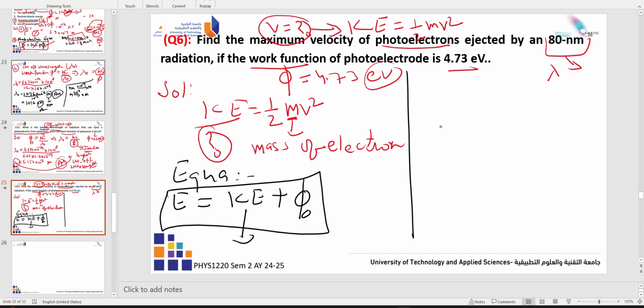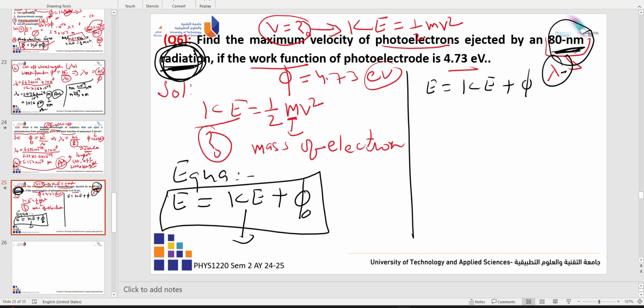So E equals kinetic energy plus phi. Here E is the energy of the light, the energy of the radiation, and this radiation has a wavelength of 80 nanometer, the given value of lambda.